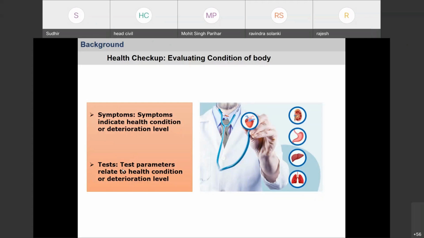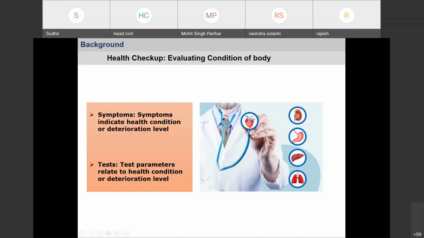In a similar way, when we talk about payment evaluation, we would like to look at symptoms that are there in the payment. Then we may like to conduct some tests to look at some parameters derived out of those tests to understand what is the health condition or deterioration level in the payment.